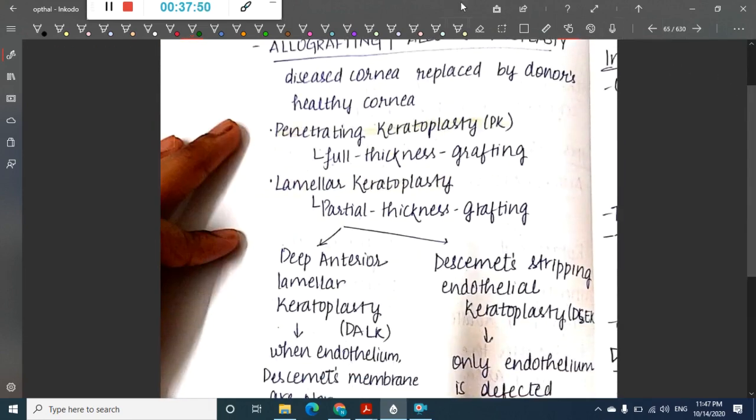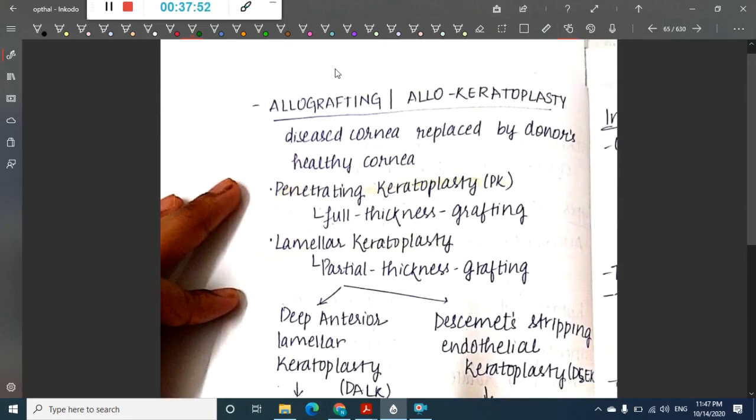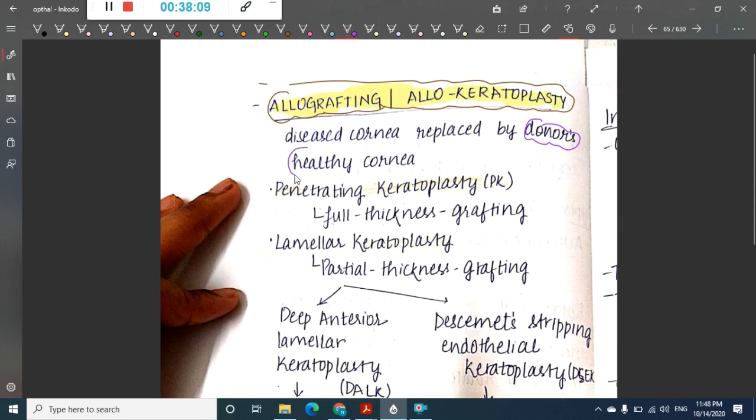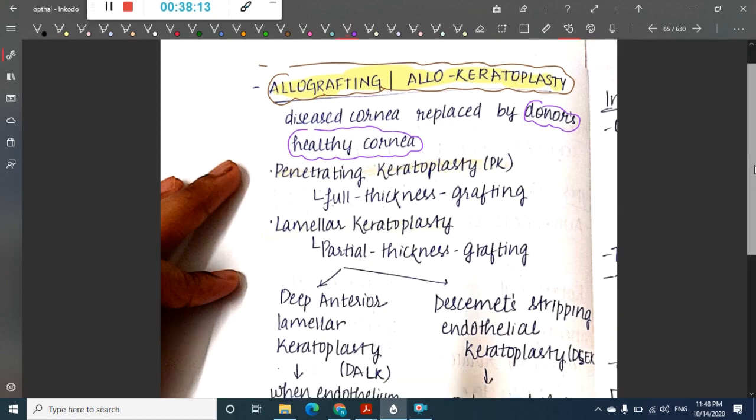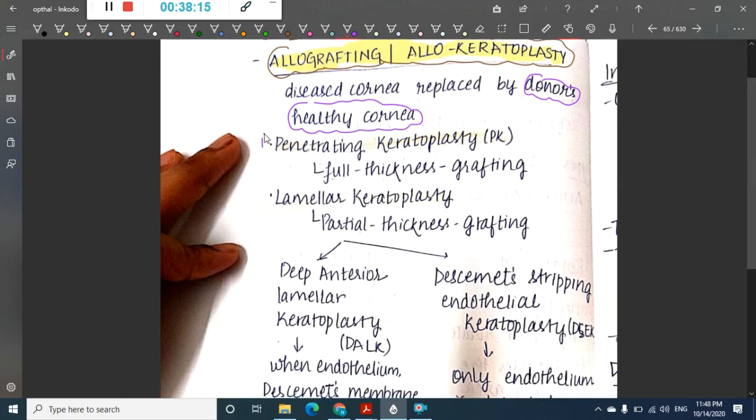Then there is something called allografting or allokeratoplasty. What is allokeratoplasty? As the name says, the diseased cornea is replaced by the donor's healthy cornea. Allokeratoplasty is of two types.